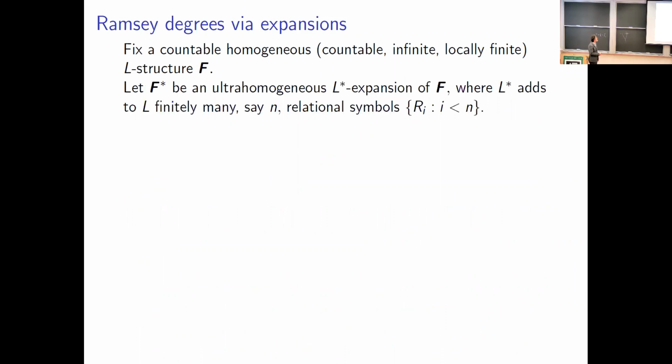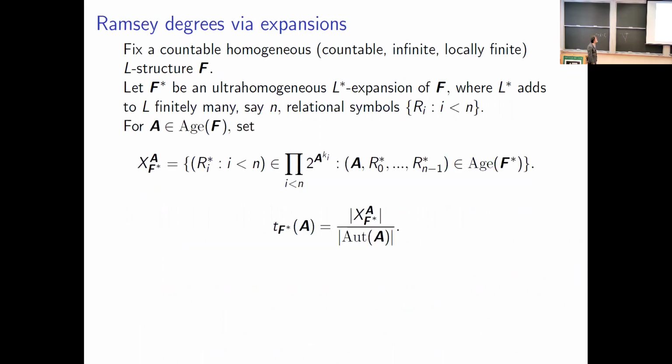You fix your class age of this. You take it and expand it, and now, for the purpose of just saying how things go, let us assume that it is a finite expansion. This is what you really should be looking at. You can also assume that it's also Fraïssé, jointly or Fraïssé, and you look at what the automorphism group does to it, moves it around.